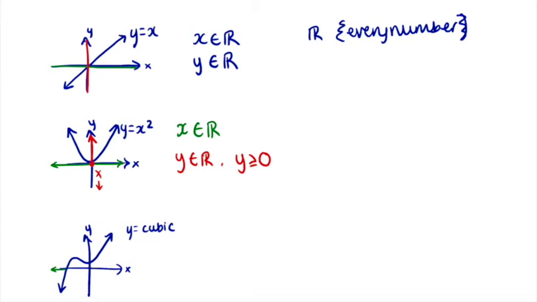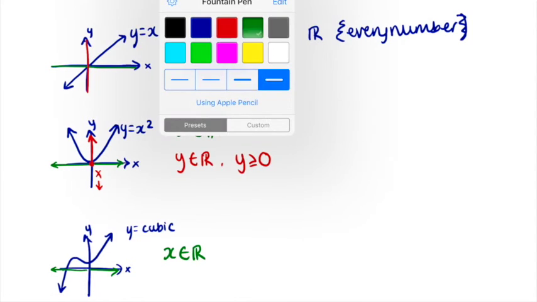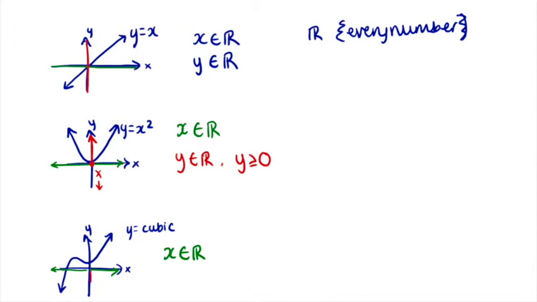It's not going to increase as far, but it will still go on forever. It's just the y values will get much bigger. And it will also increase forever in this direction. So again, x is an element of the real number set. It can be anything at all. Now the y values can also be anything.